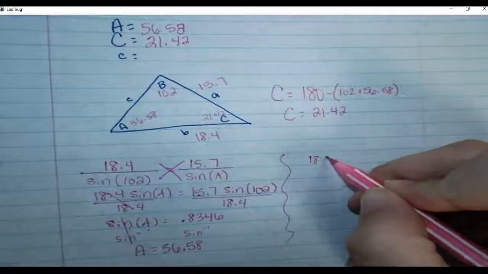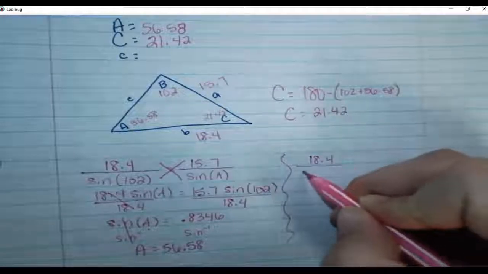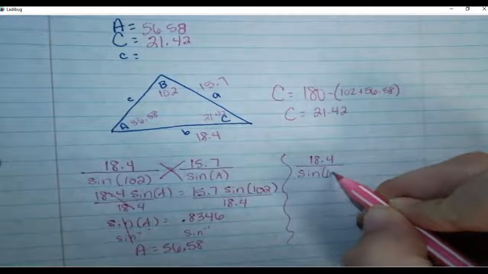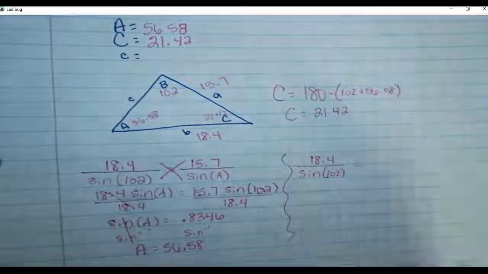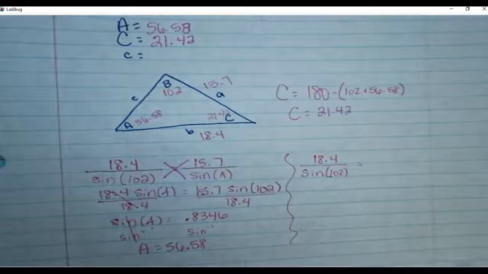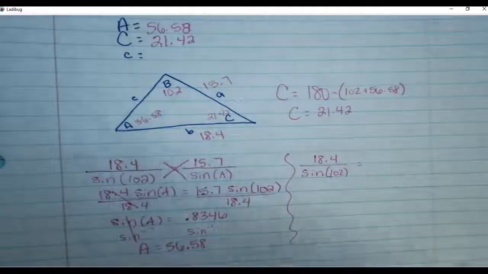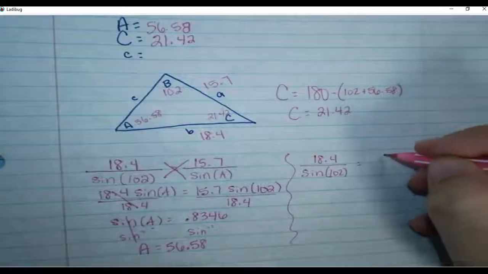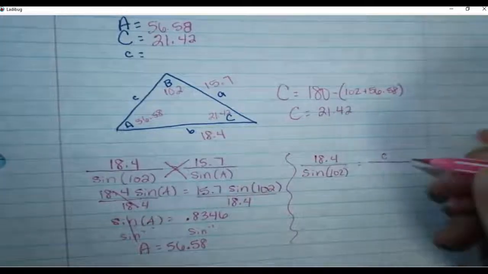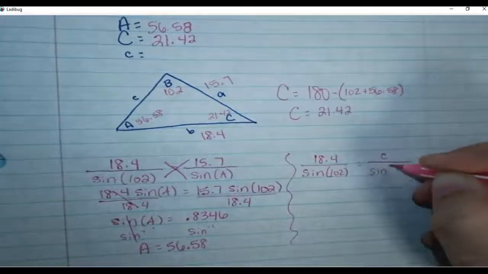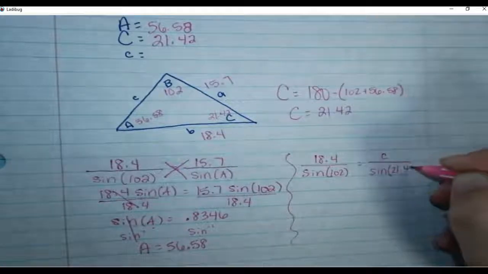So we get 18.4 over sine of 102, same ratio we used before. But now we're looking for little c, and it's a side, so sides always go on top. So little c over sine of 21.42.